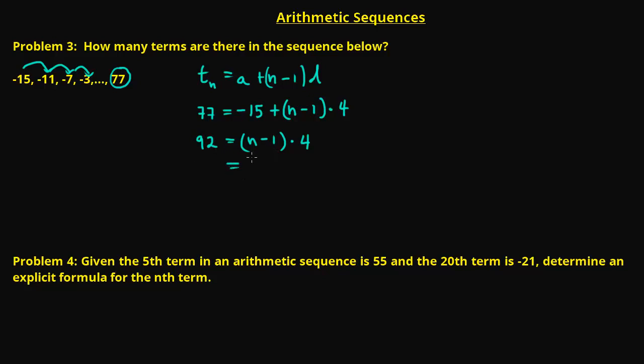If we divide both sides by 4, we get that n minus 1 is equal to 92 divided by 4, which is 23.